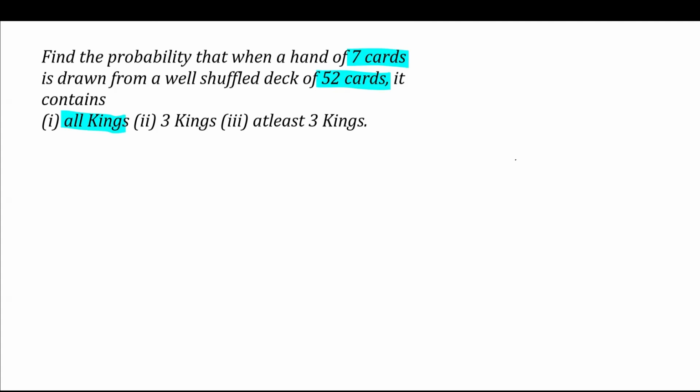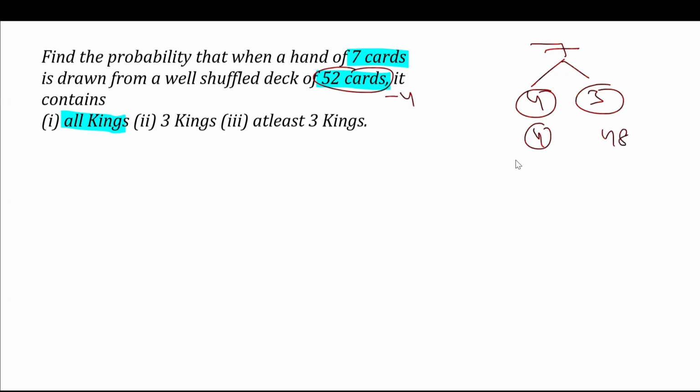That means out of these 7 cards, 4 have to be king and 3 are non-king. How many kings are there? We have 4 kings. And non-king, I mean, out of 52 cards, if I remove these 4 kings, we are left with 48.